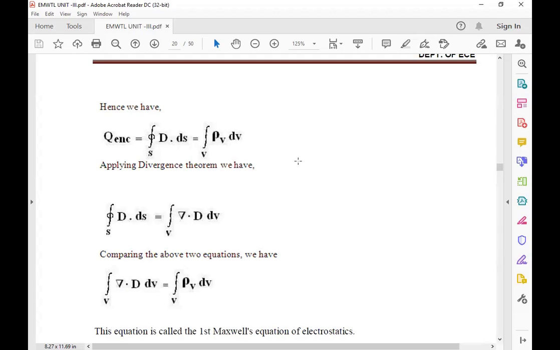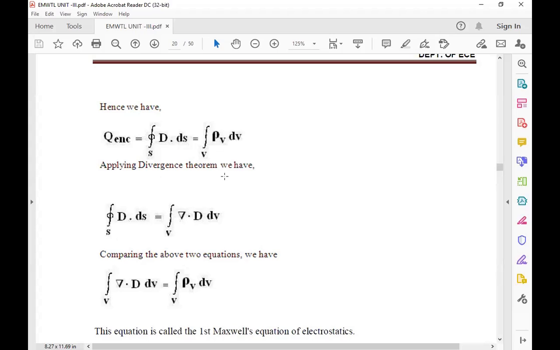By applying the divergence theorem, the surface integral is converted into the volume integral. D bar dot ds bar is equal to rho v dv. That rho v is nothing but del dot D bar.